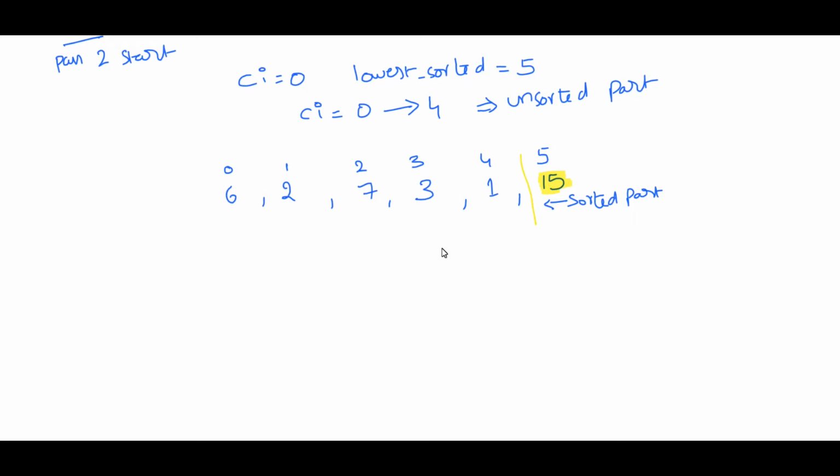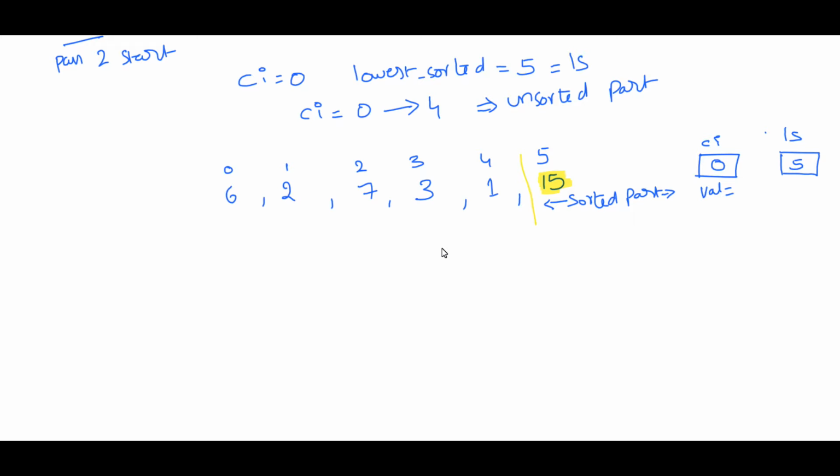This is the sorted part, and our CI is 0. We're going to call our lowest sorted ls just for simplicity's sake. Ls is pointing to position 5.